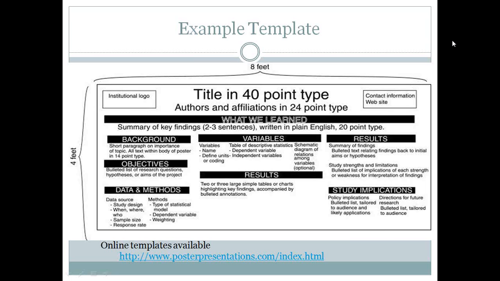But it's really the other things, the background, which we talked about, which would be like your introduction, your objectives, what was your treatment protocol, what did you expect to find, your hypotheses, and your data and your method section. So again, talking about the procedure, what were your measures, who were your participants.